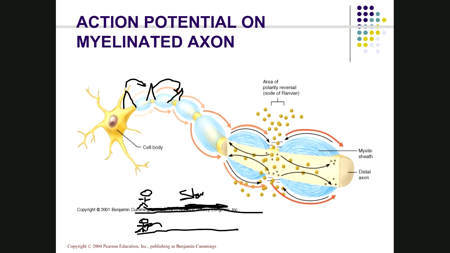So he can take one step and his foot touches here, and then take another big step and it touches here, and another big step and it touches here. And look, it takes fewer steps, and so it's faster. And so when you look at myelinated neuron, it's almost like taking giant steps across the room. Not tiny little steps, but giant steps.